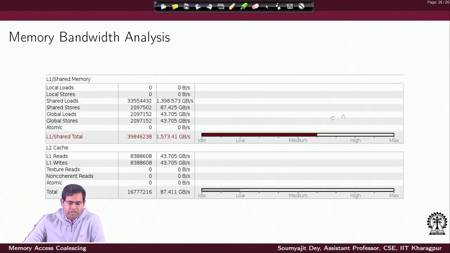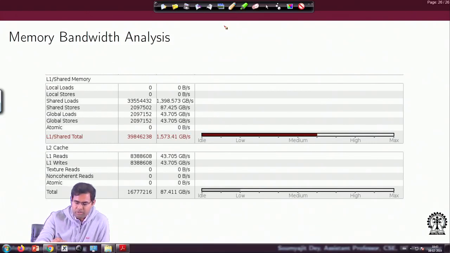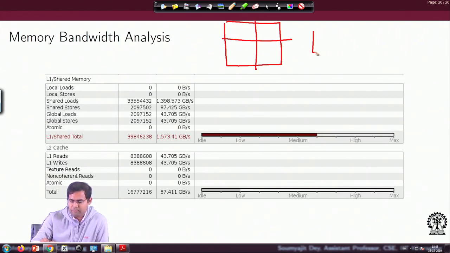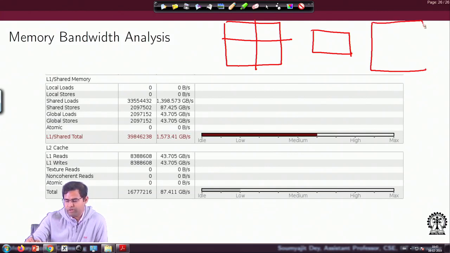One interesting thing that we started showing here was that in our way of computation the shared memory load was not coalesced. Let me recall our original diagram of how the different locations in the input matrix, the output matrix, and the tile were getting accessed. Let us say this is the tile and this is the output matrix.